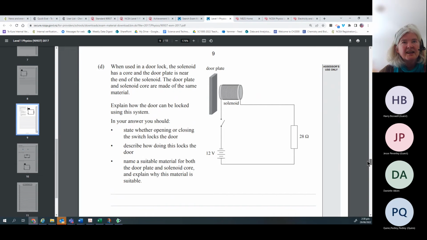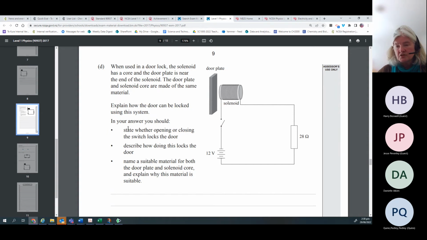And then here it's an explanation. What you need to explain is, must the switch be closed or open to lock the door? Obviously the switch must be closed, because electricity must flow to get this to be magnetized.